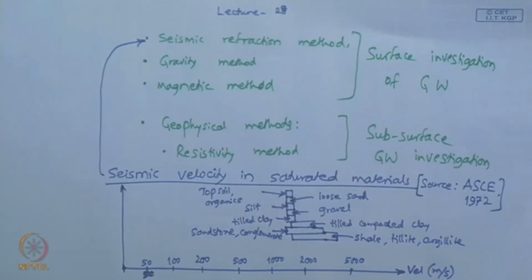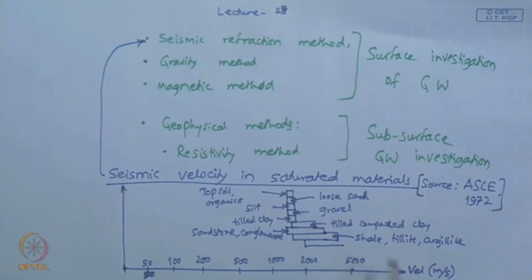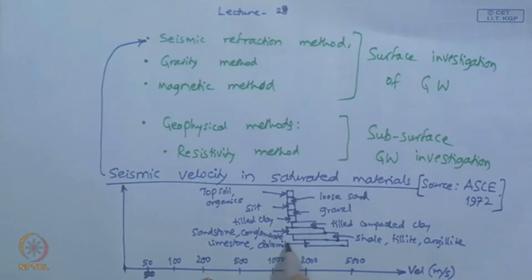Next is limestone and dolomite, for which the lower range of velocity is around 2000 meters per second, and the higher range is slightly less than 5000.